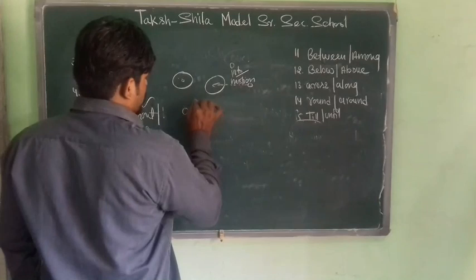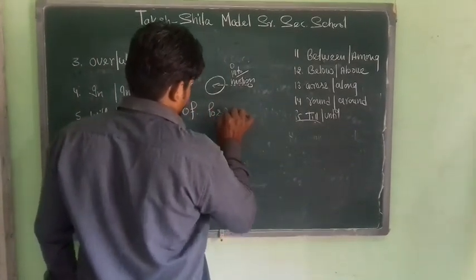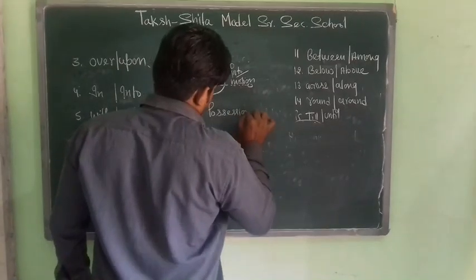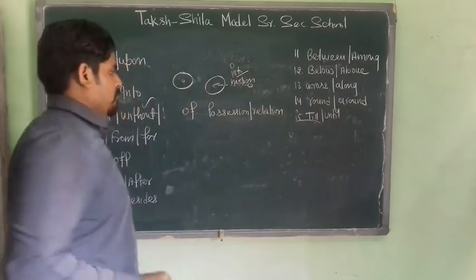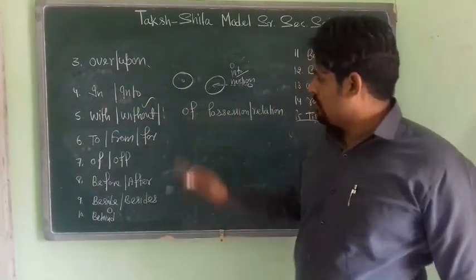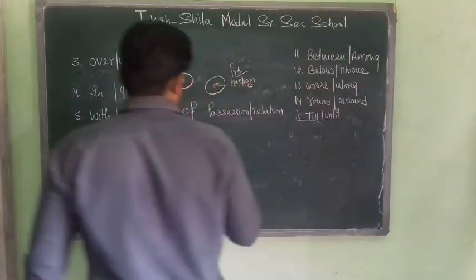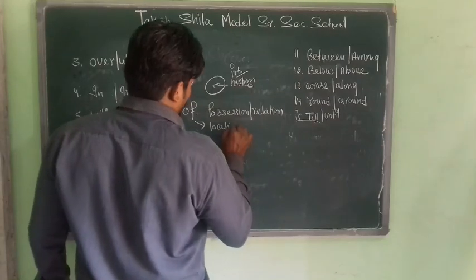Now let us discuss the use of of and off. So of is used to show what? First of all, of is used to show possession or relation. For example, members of parliament are friend of mine. So these are the examples of possession or relation. Then the second use of of shows what? Location. How?